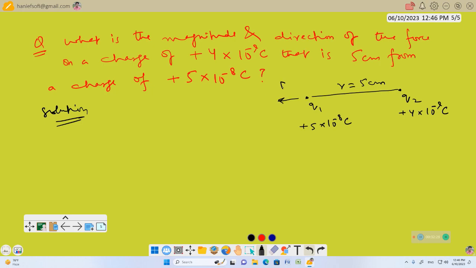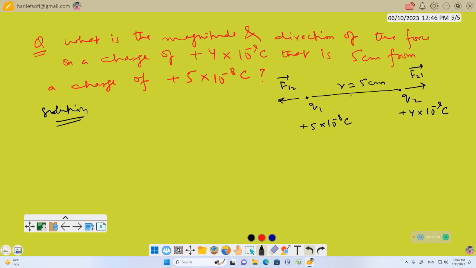We name it F12, force on 1 due to 2, and the same force will act on Q2 but in the opposite direction, F21, right? Force on Q2 due to Q1 will have the same magnitude. This is an action reaction pair directed away because there is a repulsion. Both charges are like.